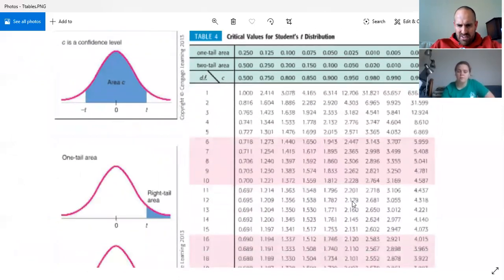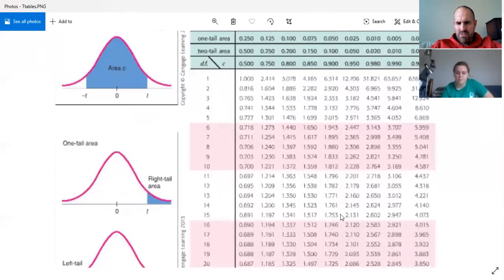So you would go down this column, and at 15 degrees of freedom it would be 2.131. But by definition, that would be t sub 0.025, comma 15, whereas 0.1, comma 15 would be this 1.341 right here. Okay, that makes sense.